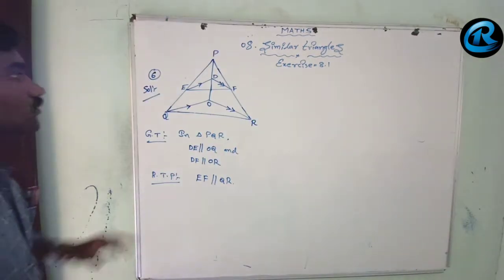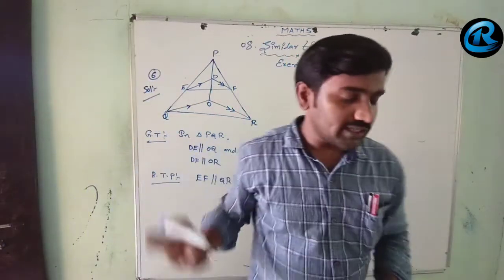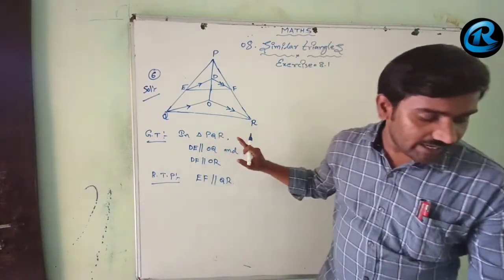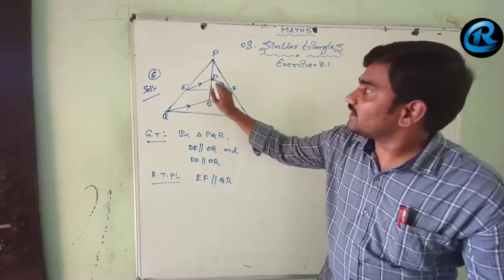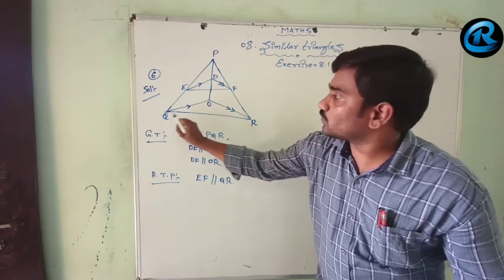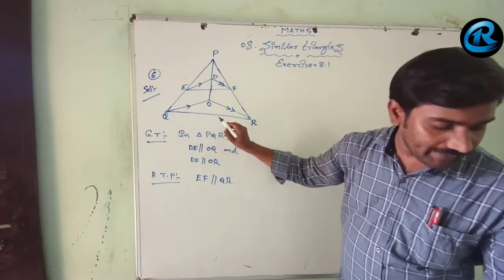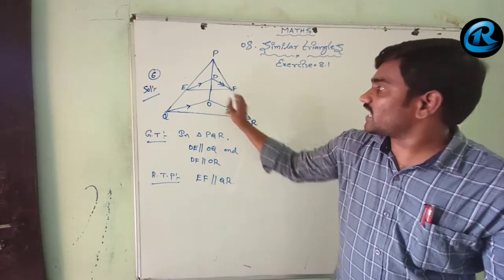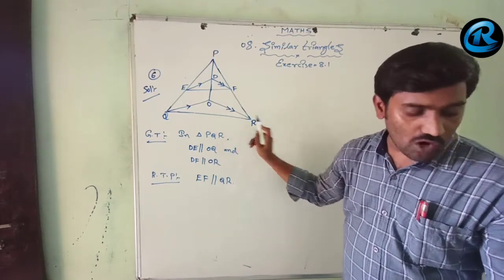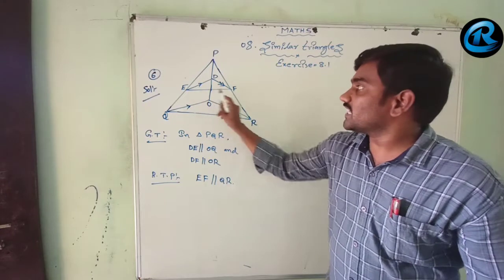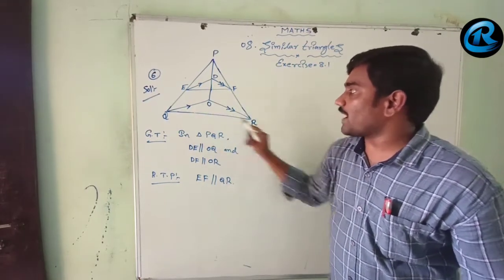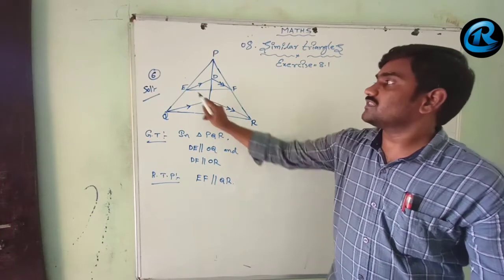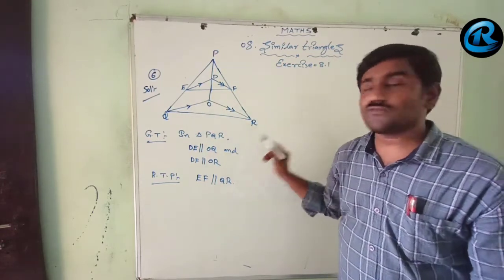Now we go for the question number 6 solution. Here you can see question number 6. In the given figure, DE is parallel to PQ and DF is parallel to PR.